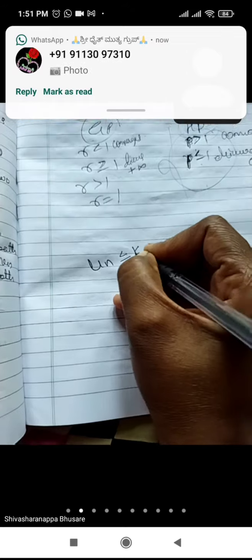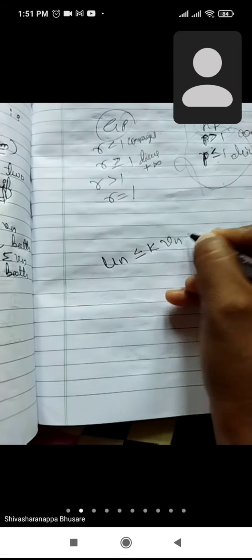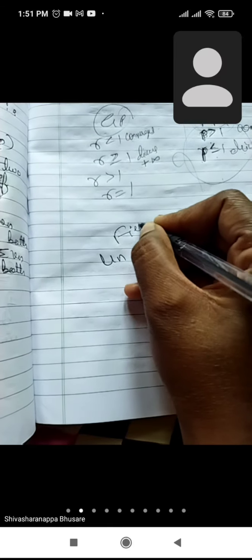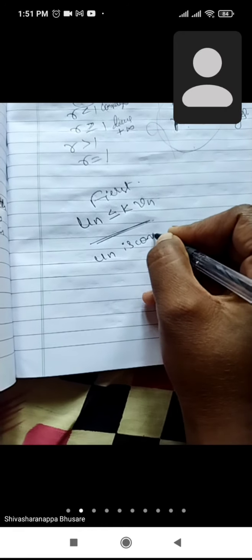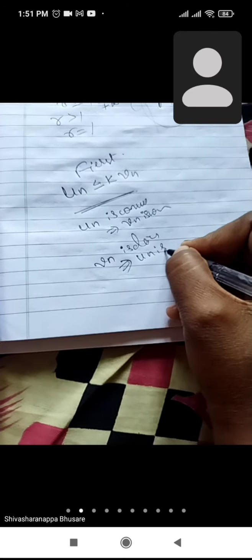One is un less than or equal to k times vn. This is the first type of comparison test. If this is the condition and un is convergent, then we can directly write vn is also convergent. And next, if vn is given as divergent, then directly we can write un is also divergent.